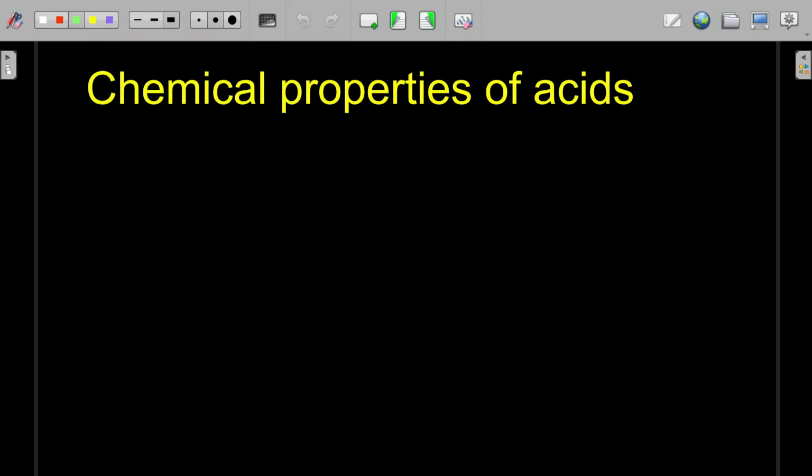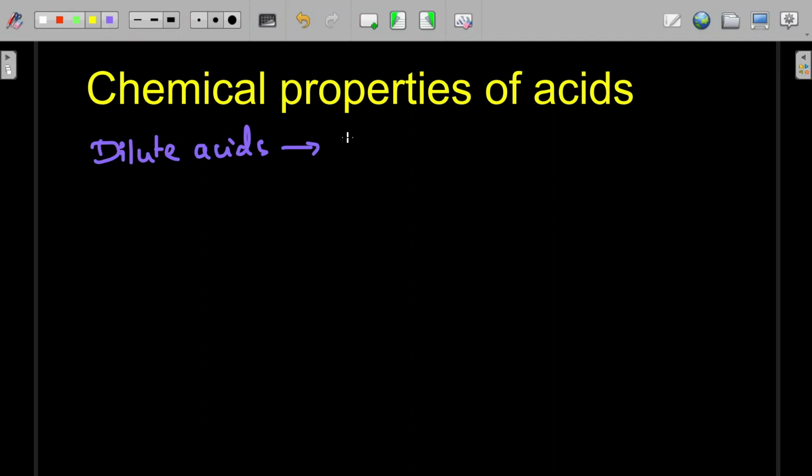Chemical properties of acids, very important and applicable for all of your reactions of HCl, HNO3, H2SO4. What I am going to give you here is all general reactions. What you have to remember here is for typical acid reactions, you always have to write dilute. Only dilute acids will show this property.